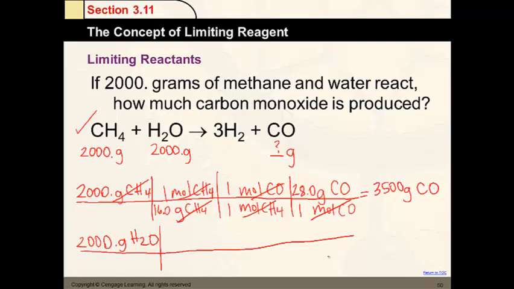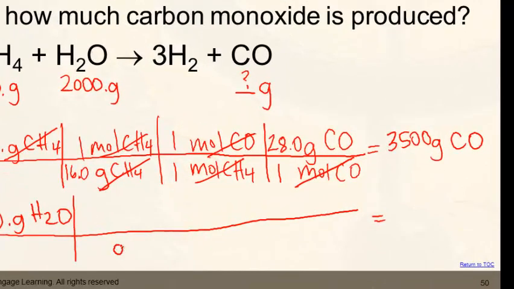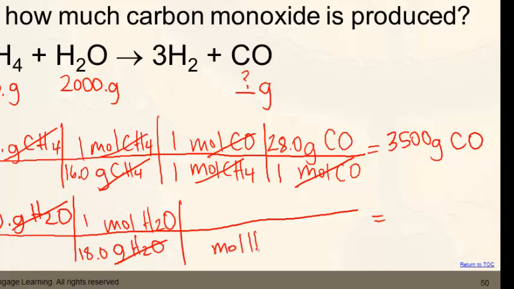Okay, I need to compare it to the answer that I'm going to get from the example below. So the first thing is to convert water from grams into moles. And for 1 mole, it is 18 grams. Now for water, I need to convert from moles of water into moles of carbon monoxide, and it is again a 1-to-1 mole ratio.